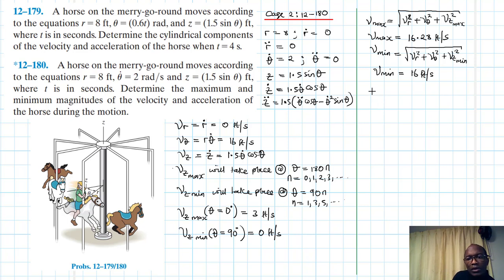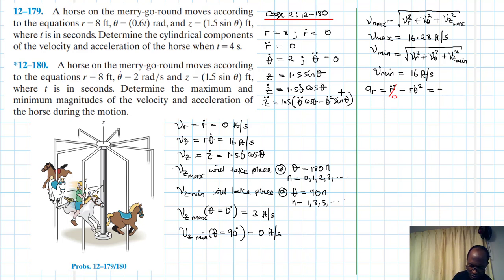Acceleration. So let's find the value. We have AR is equal to R double dot minus R theta dot squared. We know this part here is 0, therefore we just remain with that part. So this becomes minus R, which is 8, times theta dot squared.